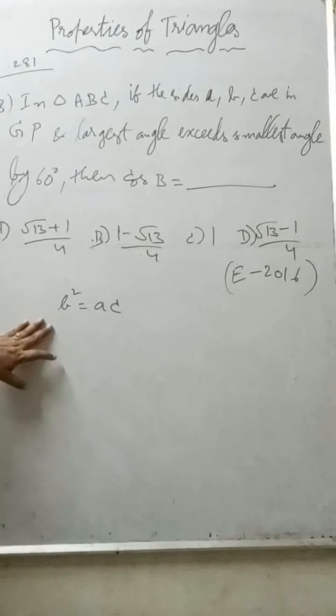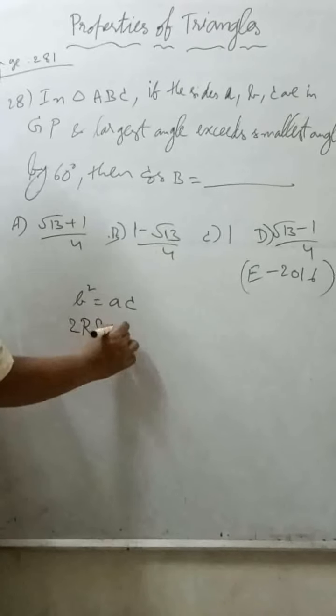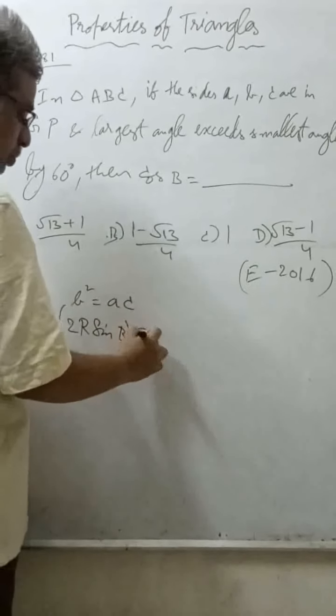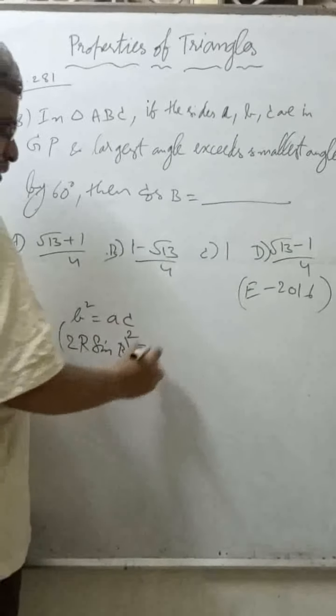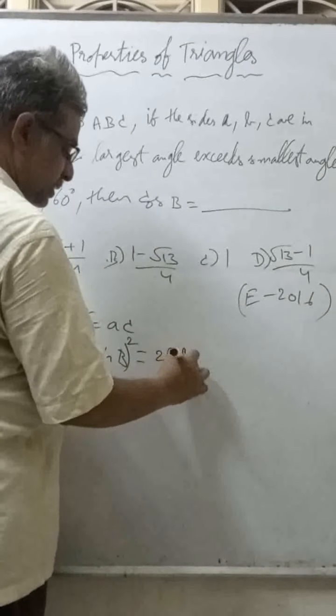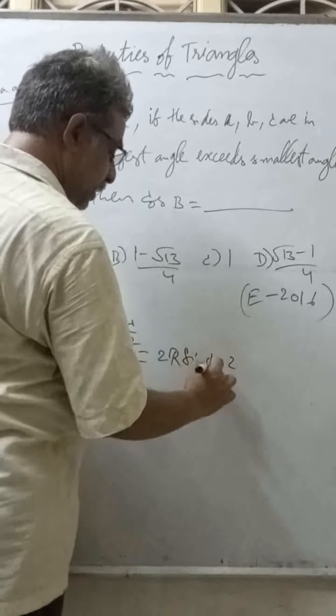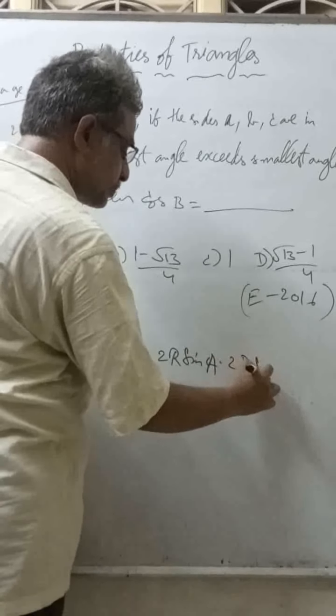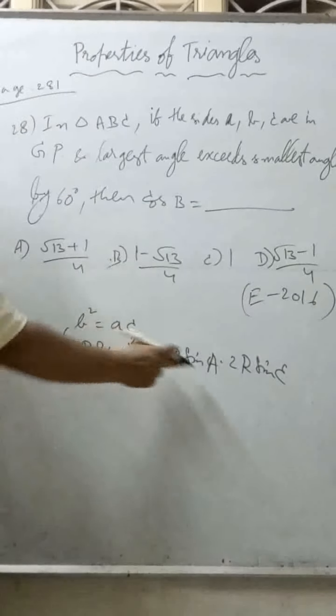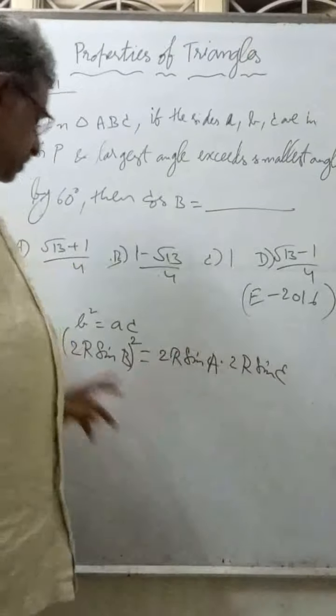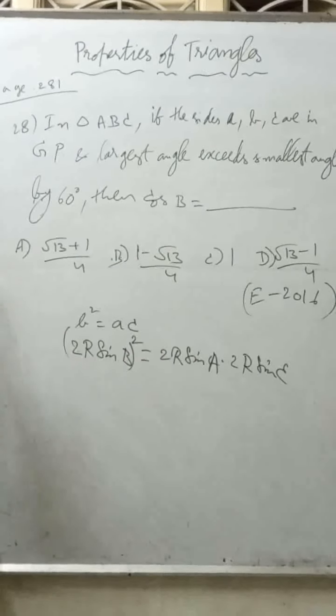First of all, b is nothing but 2r sin B, so b whole square equals ac, which is 2r sin A into 2r sin C. a is 2r sin A, c is 2r sin C, b is 2r sin B. I am just writing the formula.